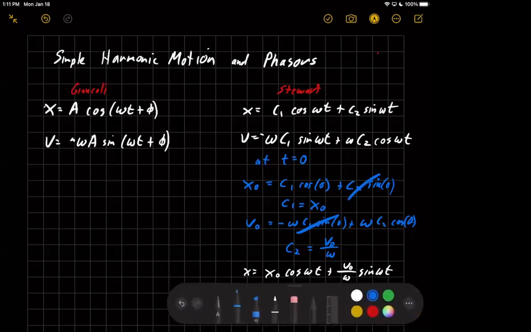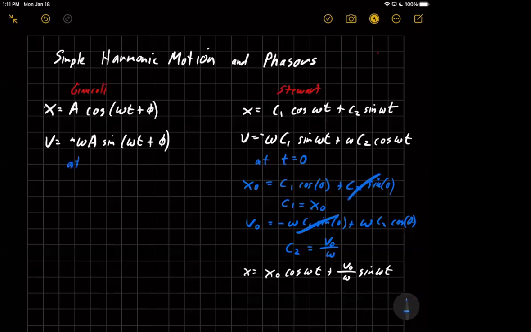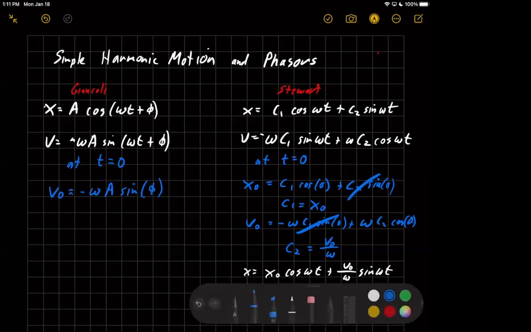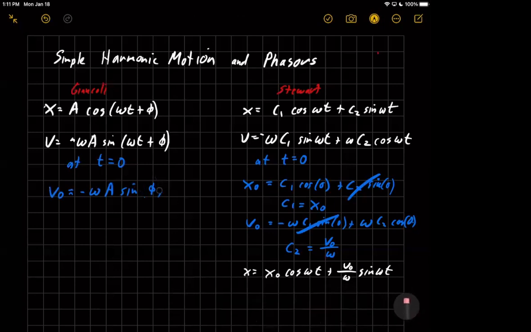I'm going to put the velocity in first, and we'll see why. So I can say that v naught is equal to negative omega A, where A is the amplitude, times the sine of phi, since if I put a 0 in for t, the omega t goes away. Let me just unclutter it a little bit.